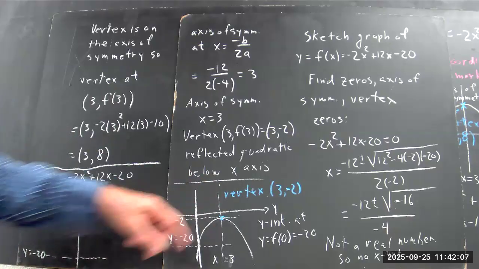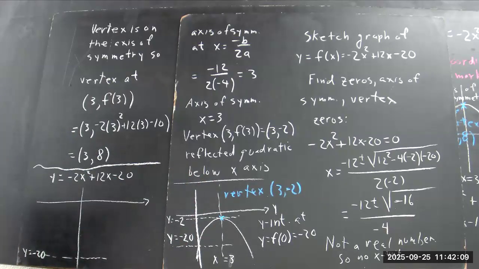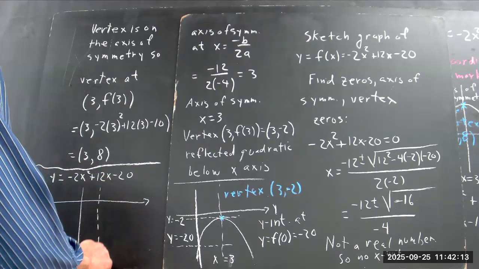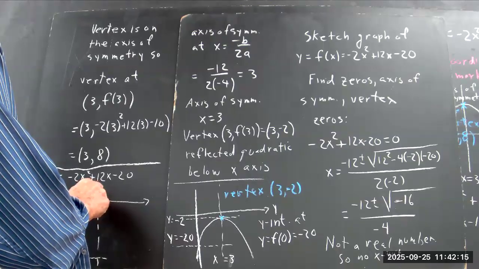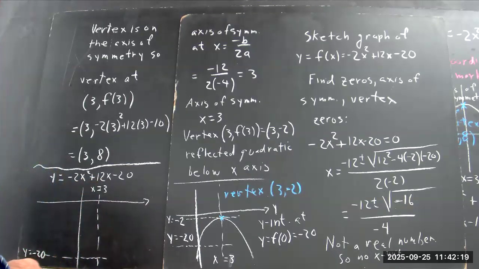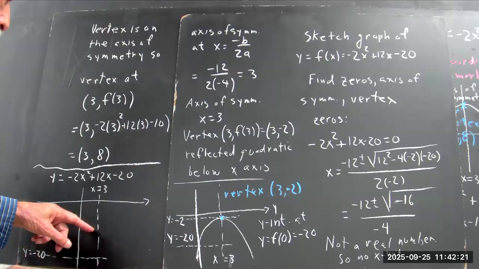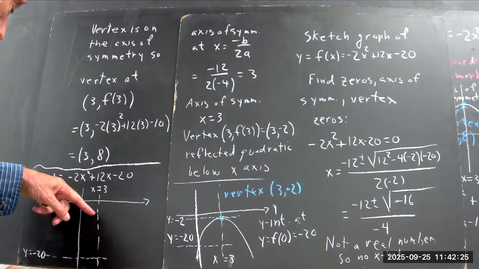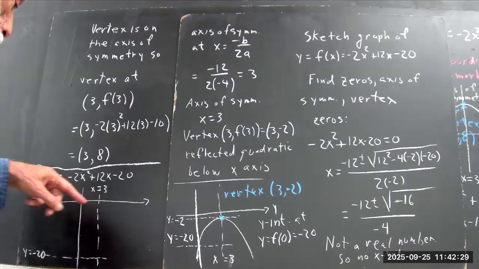And then I want my vertex at 3, -2. Okay, so I'm going to draw a line for x equals 3. And then I cut that in half, cut that in half. That's about 2.5.